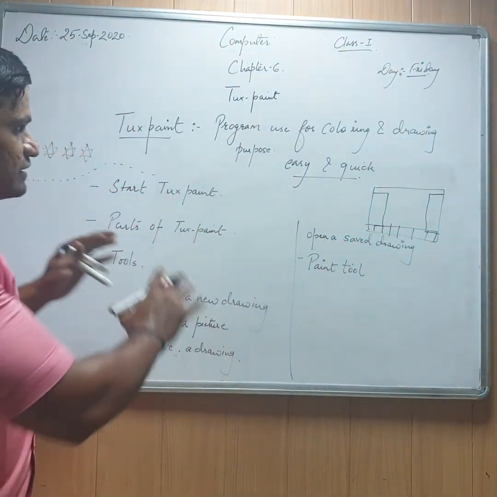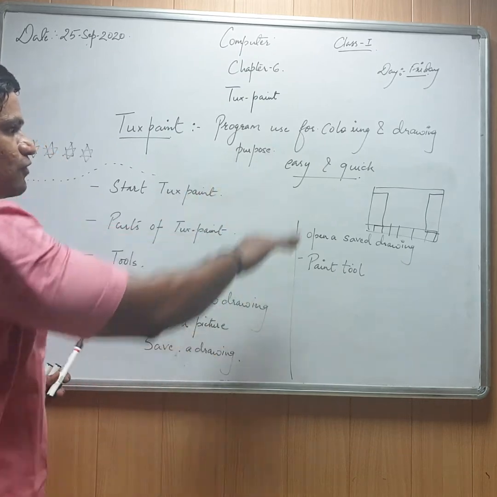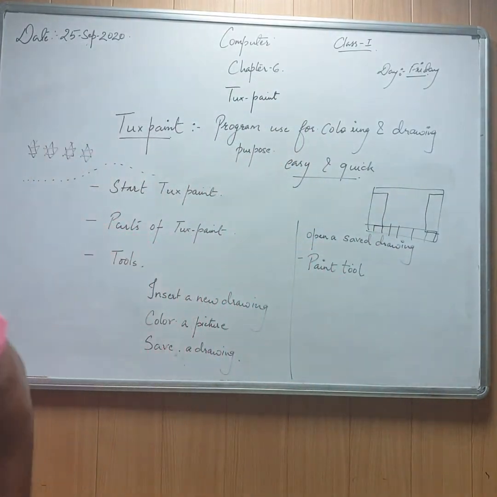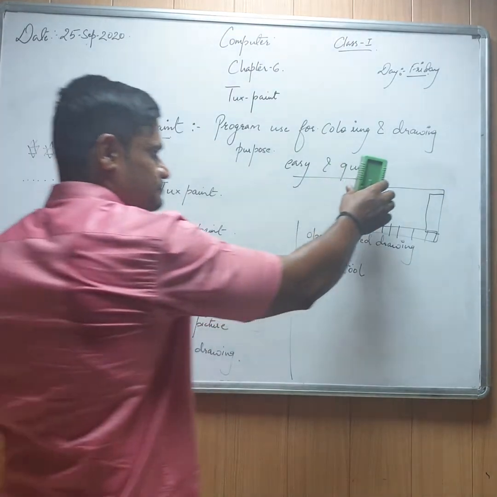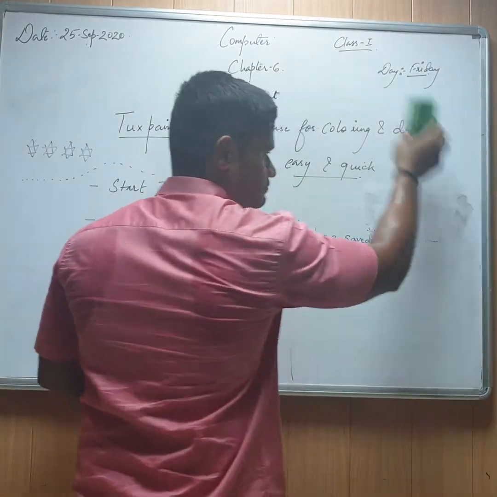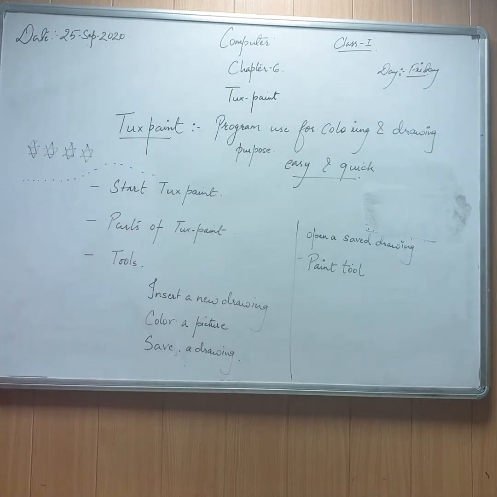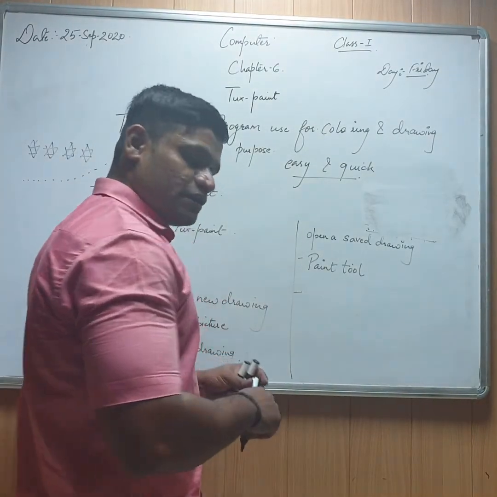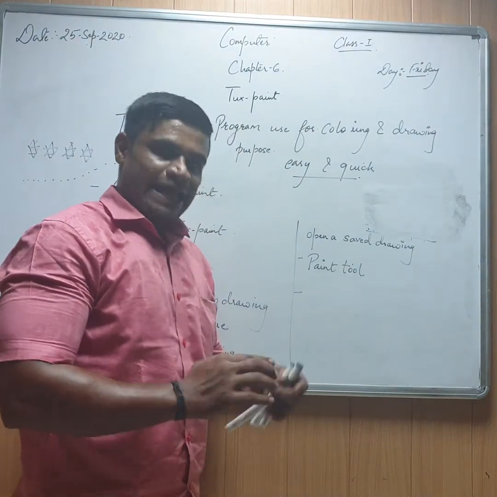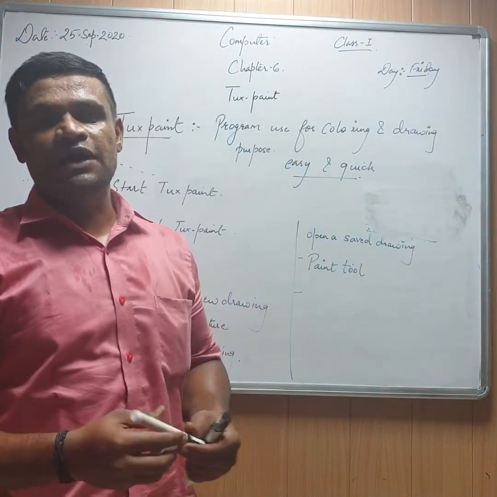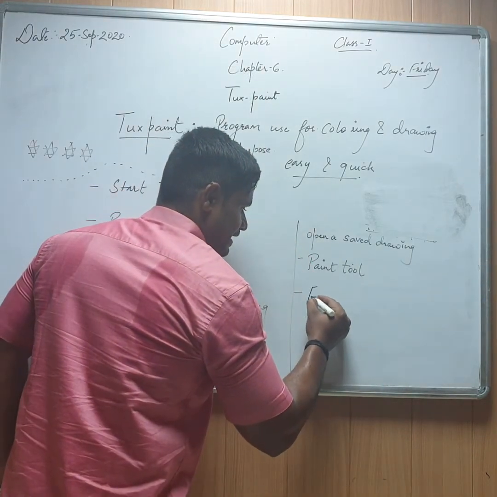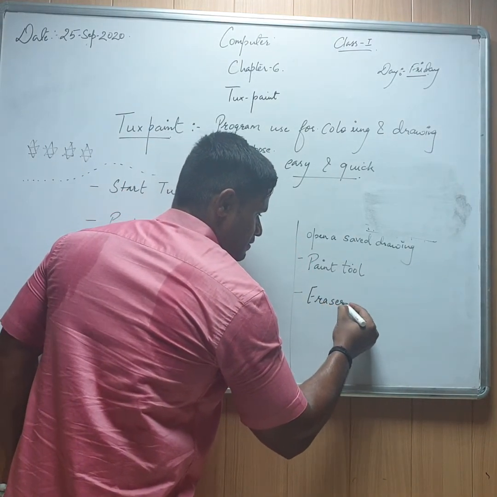Once we have drawn something on the board, if I don't want a part, what we do? We erase it out, as I have erased out. Similarly, you have an eraser in the Tux Paint also, which helps to erase the unwanted parts of the drawing, and that tool is known as the eraser tool.